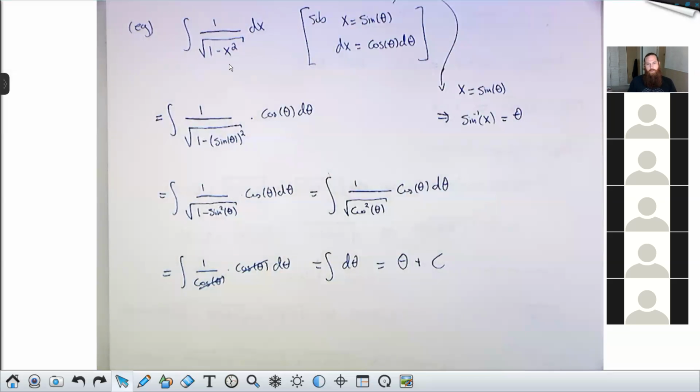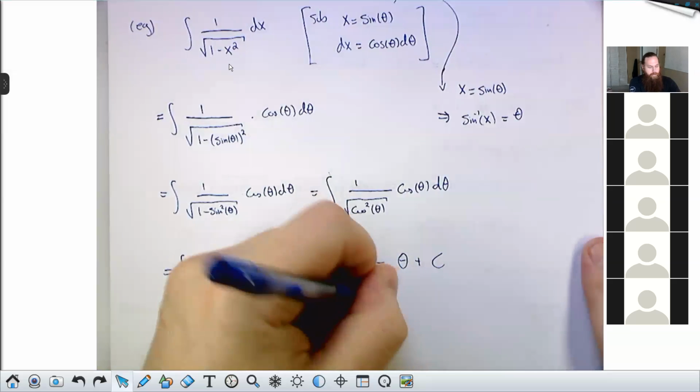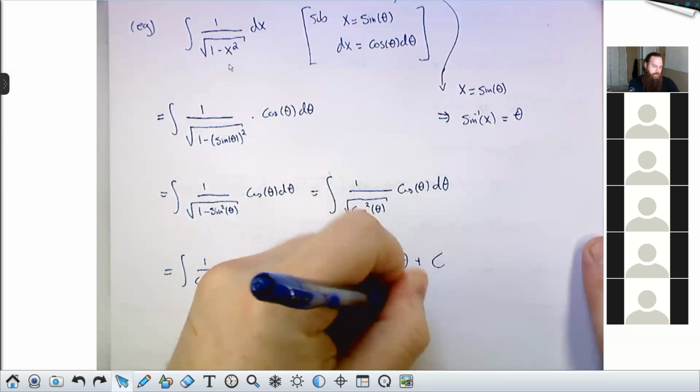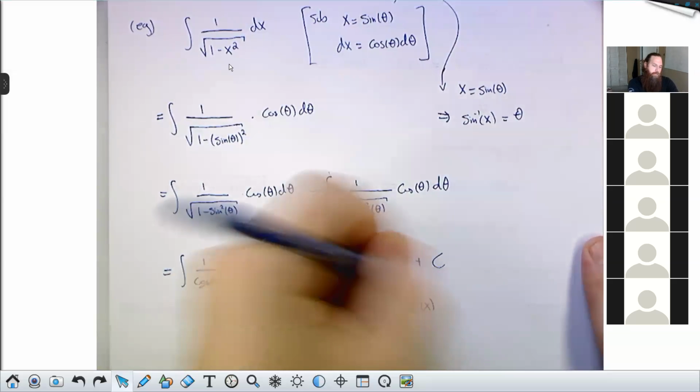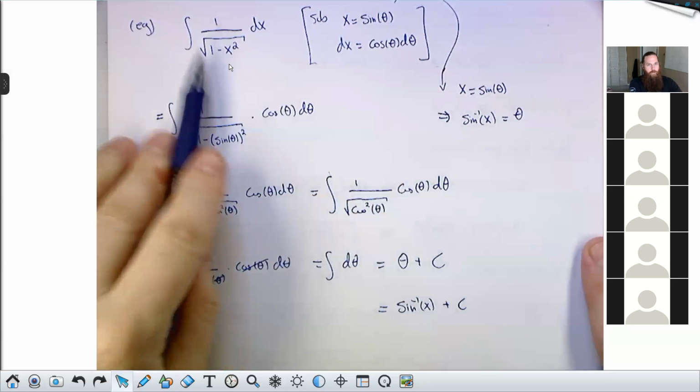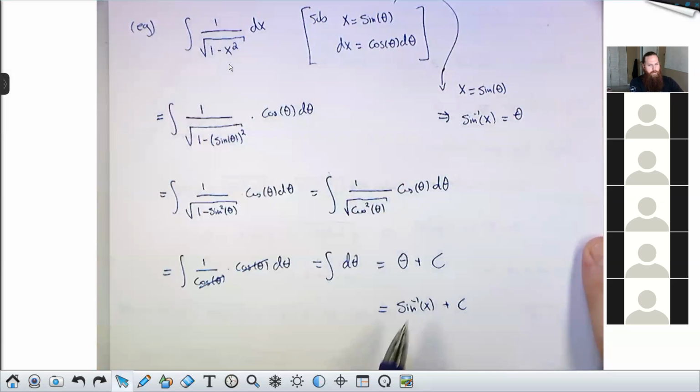That's what sine inverse means. So theta plus c is inverse sine of x plus c. And like I said, if you knew this integral, if you remember this, it's that. This is trig sub. This is a very simple example.